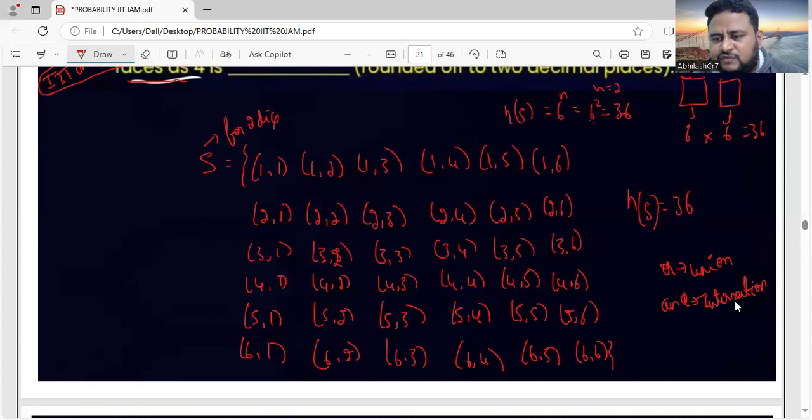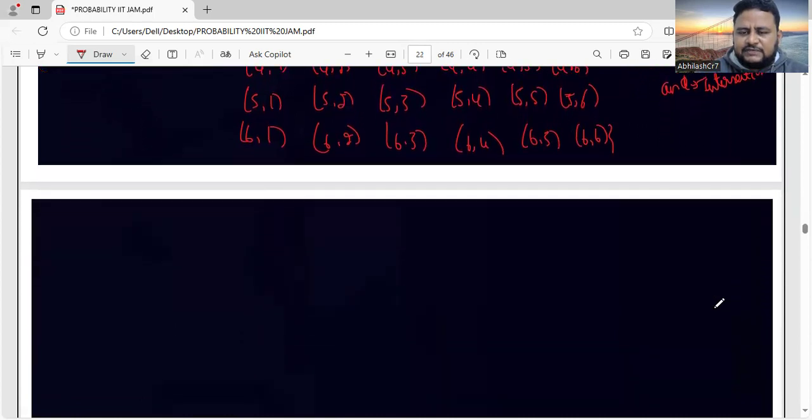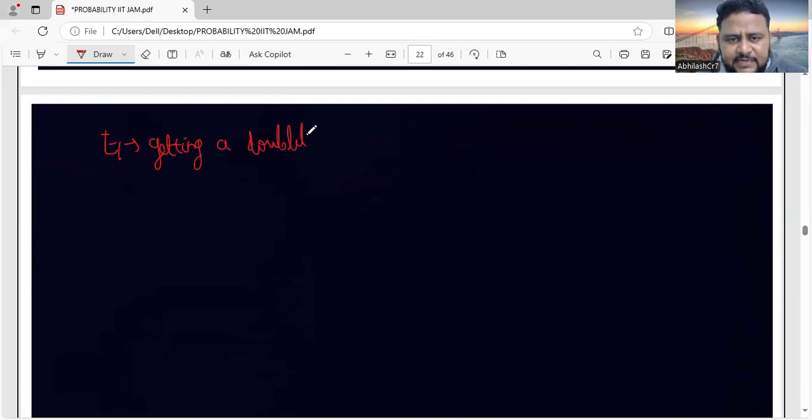And means intersection, you have to find the common thing. So here, what are the two events? Event one is getting a doublet. I'm explaining in detail for your understanding, but while solving the examination, you can directly solve. No need to write all this.